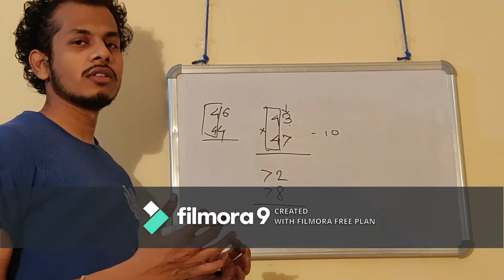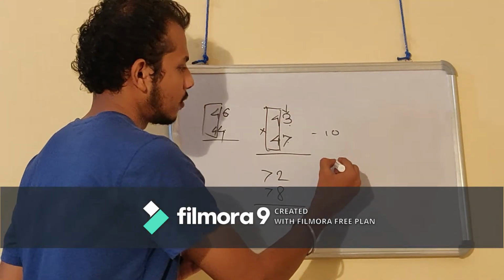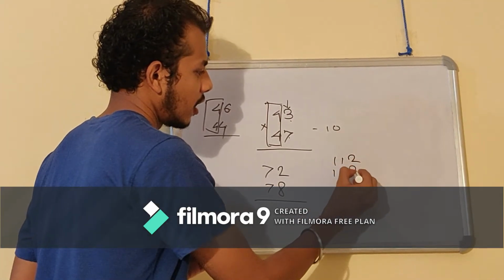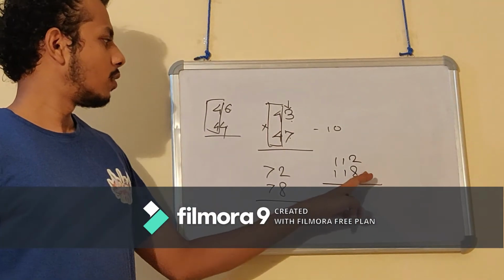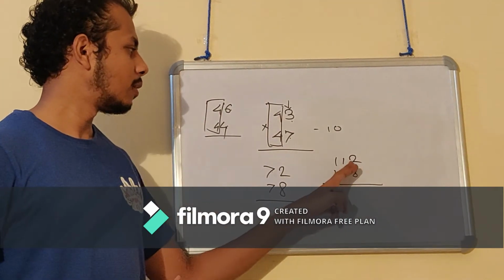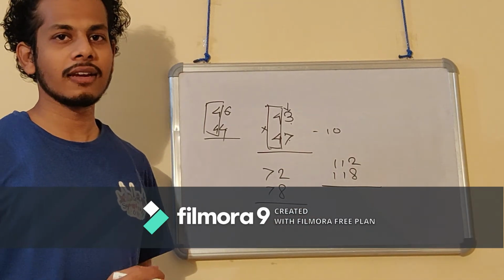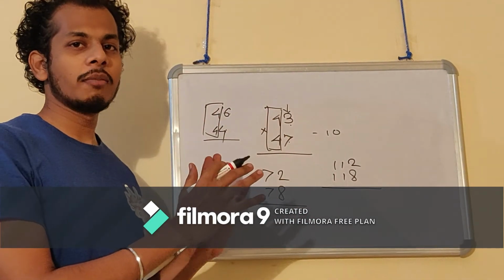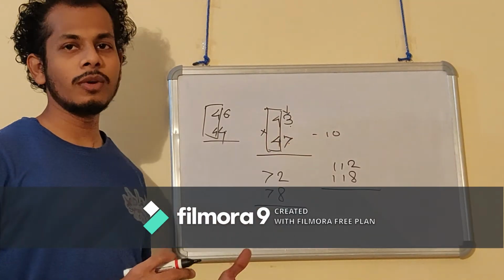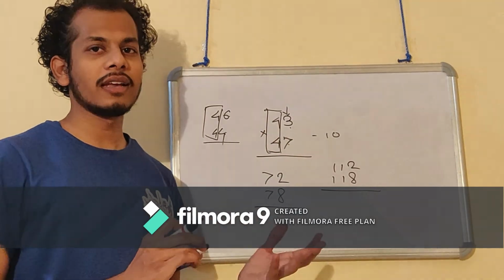This is applicable for 3-digit numbers as well. Let's say 112 and 118. So 2 plus 8 is 10, and the remaining part is 11, which is common for both the first and second number. So it is pretty clear about this condition. This condition has to be followed to apply this technique.